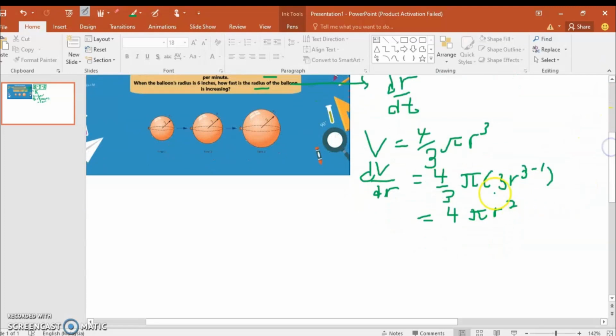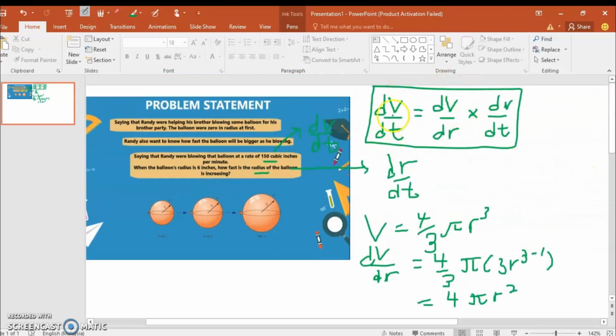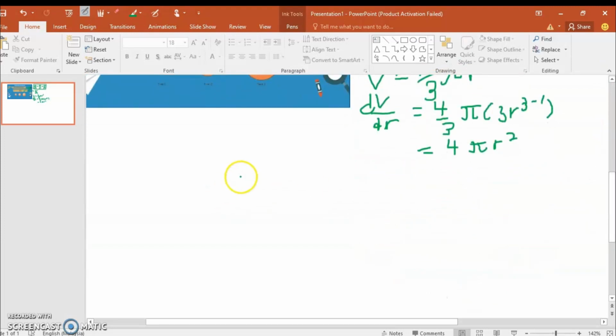Next, apply the chain rule, which is this formula. So dV/dt, 150, equals dV/dr, which is 4 pi r squared, multiplied by dr/dt.